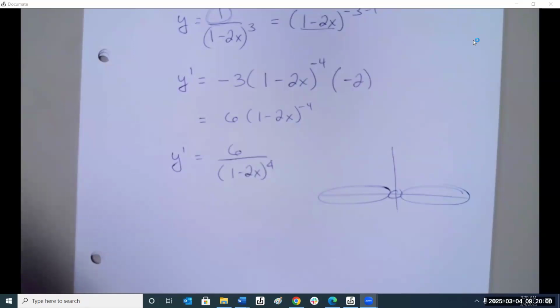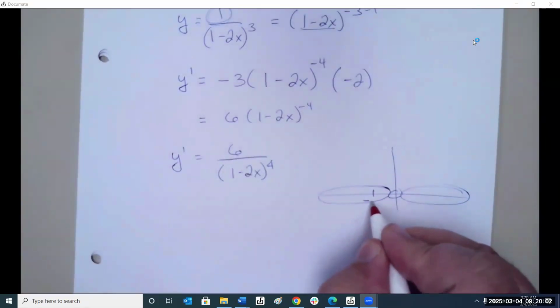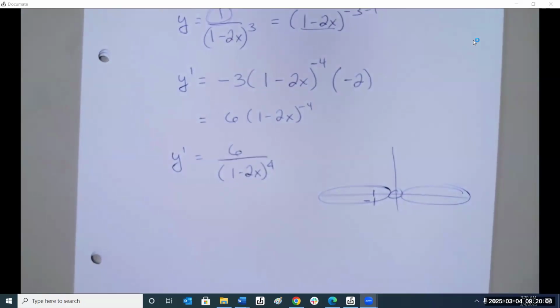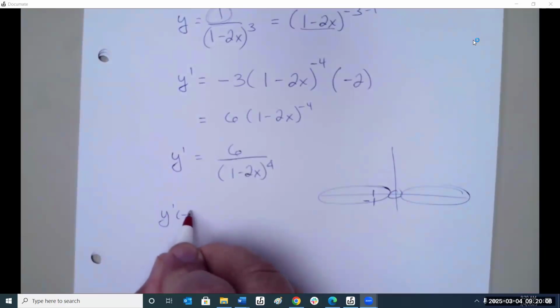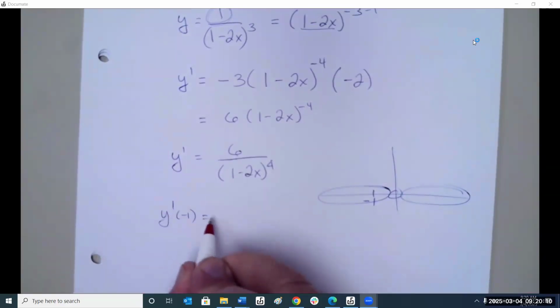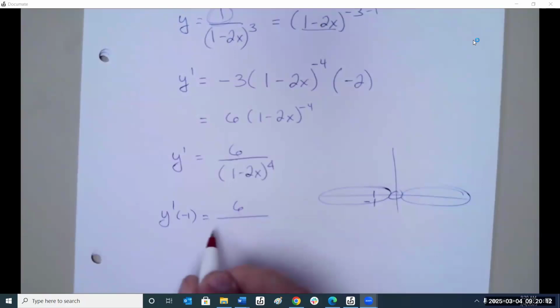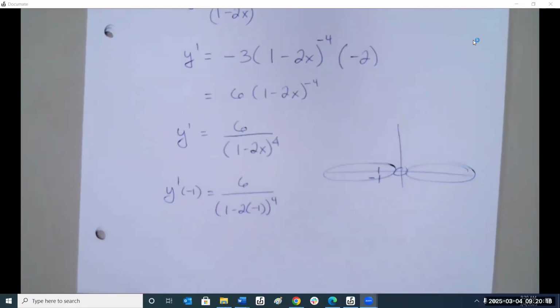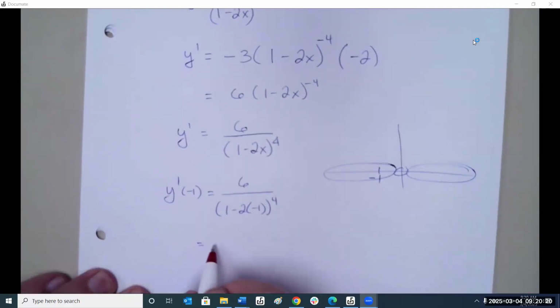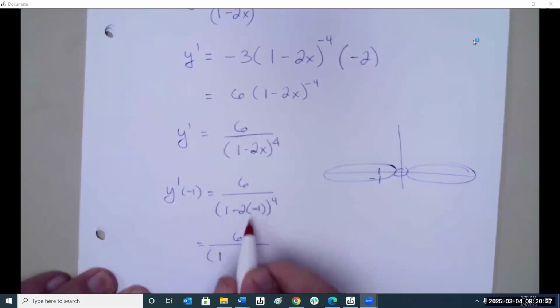Let's say we put -1 in there. So we have y prime at -1. We have -2 times -1 is +2.